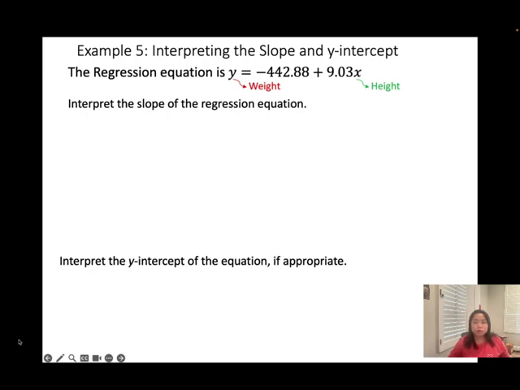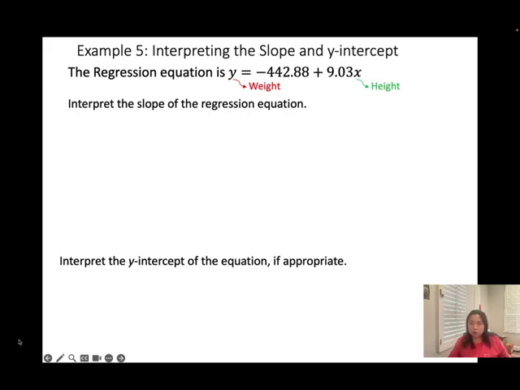Example 5. Interpreting the slope and the y-intercept. Given the regression equation y equals negative 442.88 plus 9.03x. So you know y will be the weight and x will be your height. We want to interpret the slope of the regression equation.